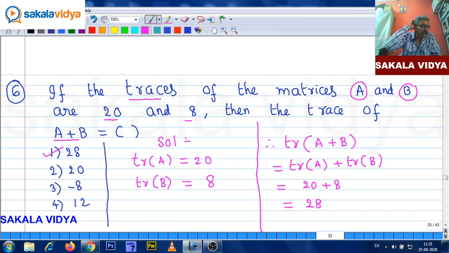Okay, 3 to 5 p.m. So, what about the Ramzan timings? Anybody?